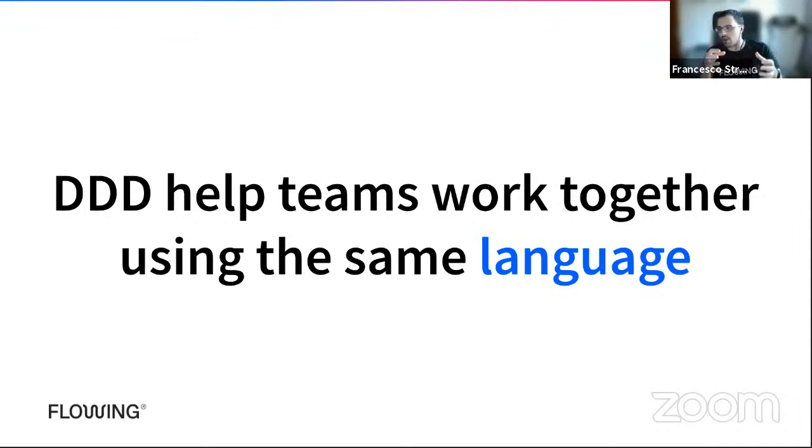We know the importance of ubiquitous language in a team, to talk using the same words and vocabulary of the domain experts. But if you use DDD also on the front end, your backend team and your front end team can talk together using the same language about repositories, entities, value objects, and aggregates.